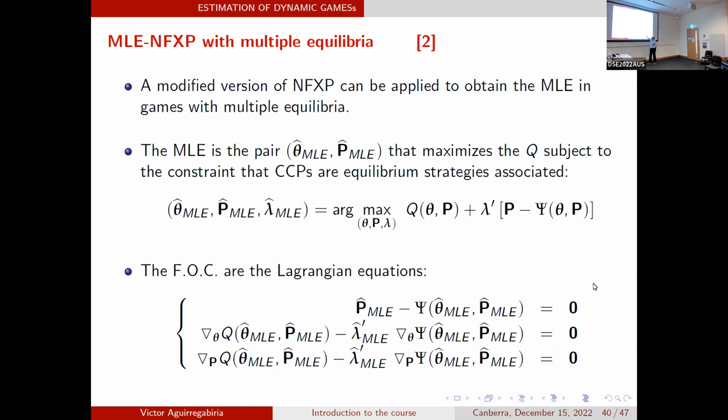Then ignoring these conditions, these conditions are always 0 at a fixed point, in a solution of the dynamic programming problem. And therefore we can completely ignore them, okay?